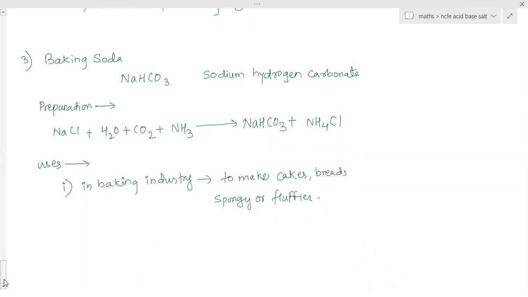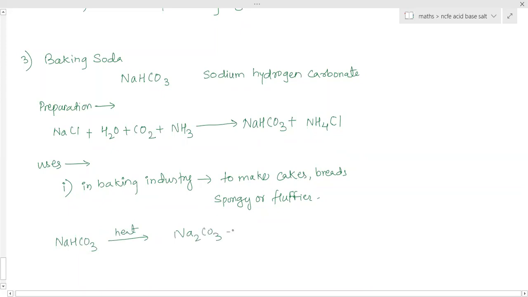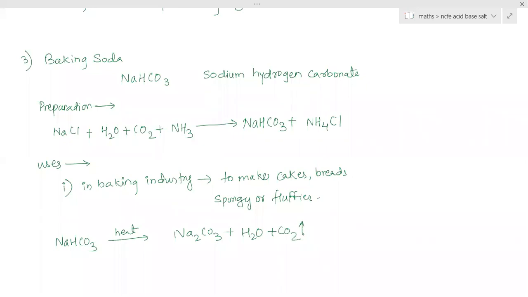Baking soda has a very important property: when we heat it strongly, it produces sodium carbonate, water, and carbon dioxide gas. This carbon dioxide gas remains trapped inside the batter. When we heat bread or cake batter, the carbon dioxide is released, and the bubbles get trapped in the batter.